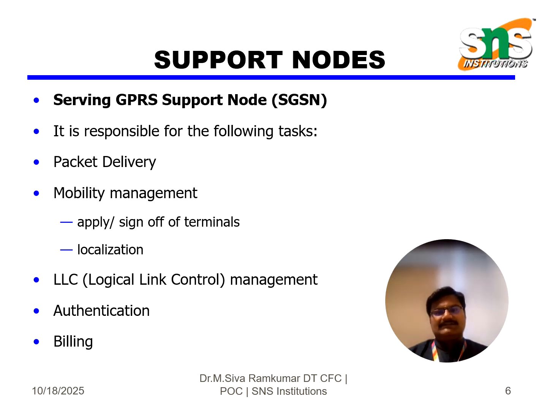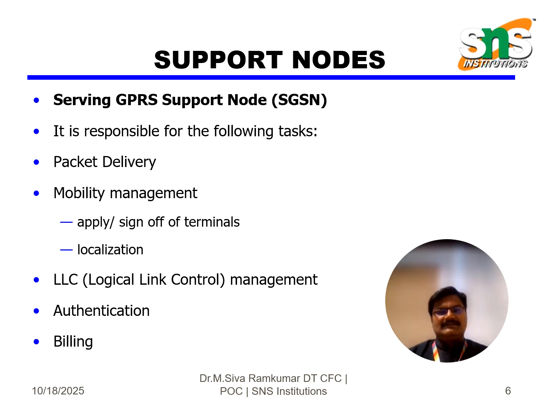The Serving GPRS Support Node, SGSN, plays the key role in the GPRS network. It is responsible for managing the data packet delivery between the mobile stations and the network. It handles mobility management, such as when a user device signs in, signs off, or moves between areas.